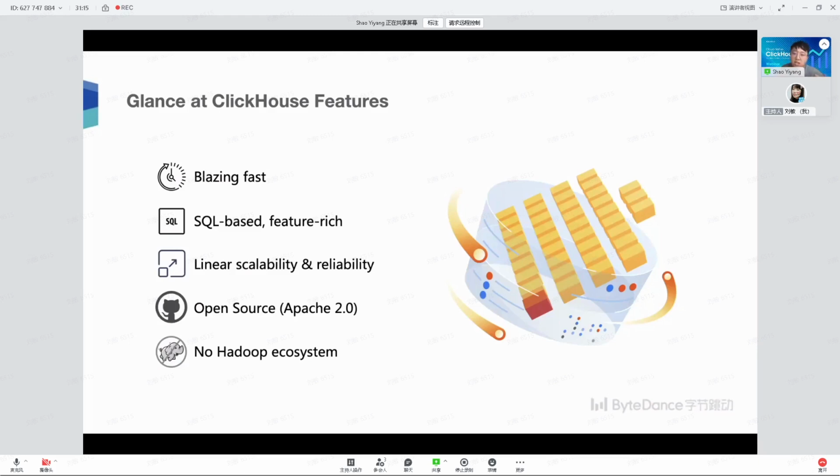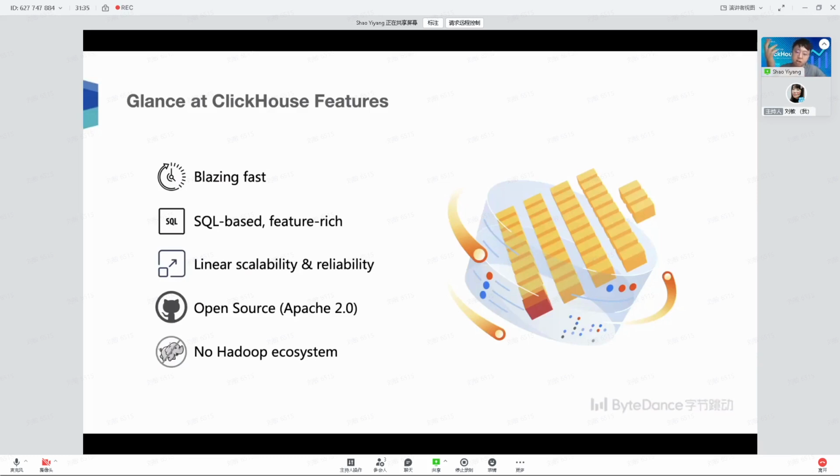And ClickHouse also has a shared-nothing architecture, and with its replication mechanism, it can achieve nearly linear scalability and reliability.